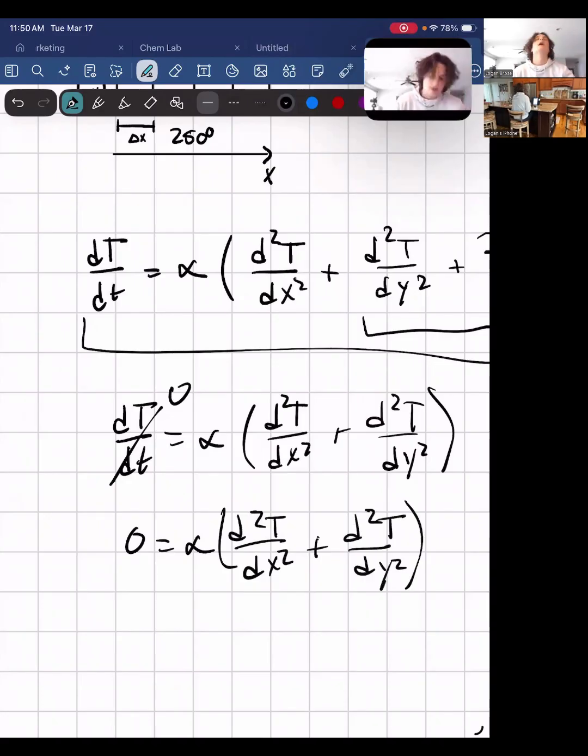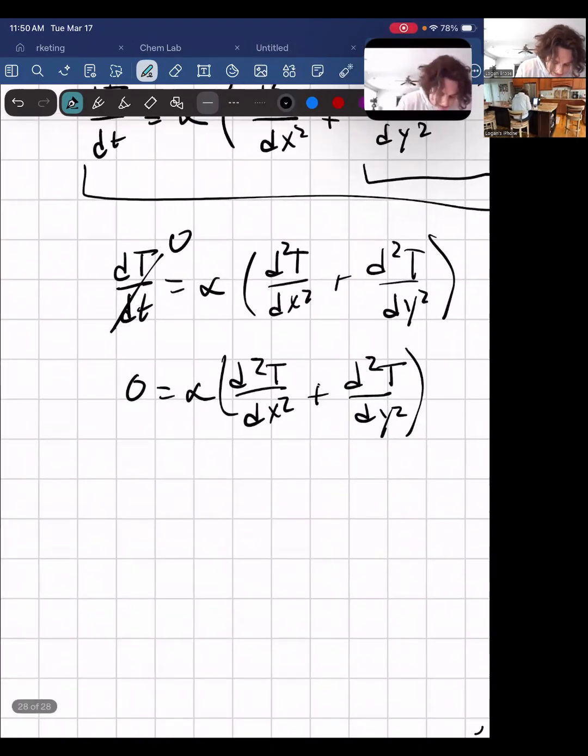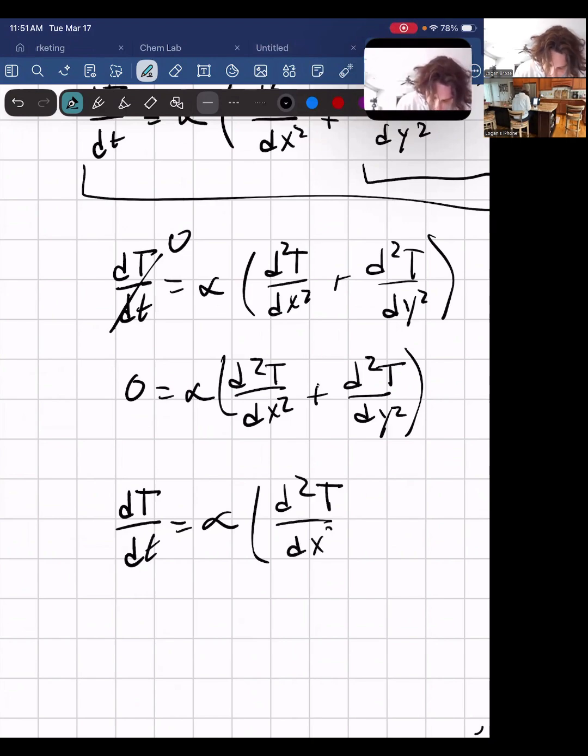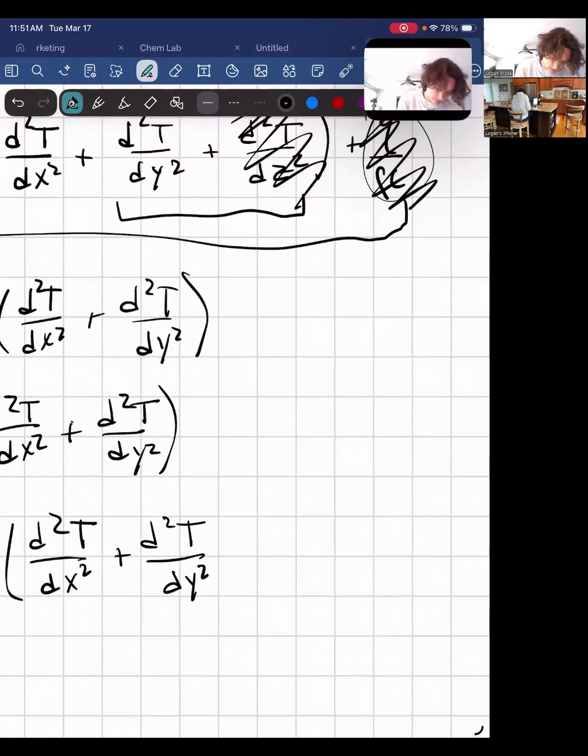Now, to make the problem going forward a little easier, I'm going to keep this dT/dt here, just so it's a little easier to see everything that I'm doing. So we're going to work with this equation here, right? This is our simplified 3D heat diffusion equation.